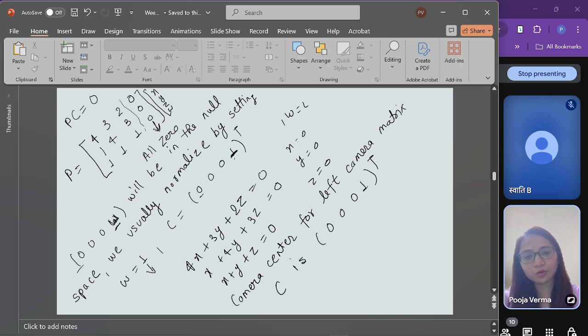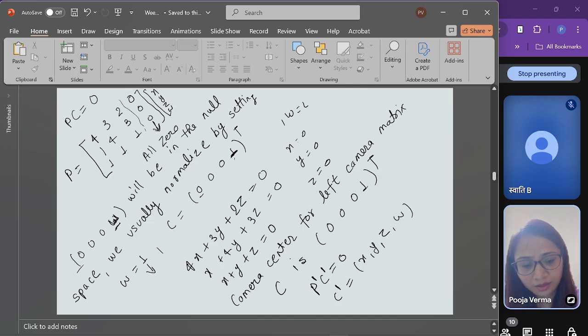So now to compute for the right camera, we already know that P dash C dash must be equal to 0. So P dash is given. Now to find out the C dash, let's assume that it is also in X, Y, Z and W form, right? So can you just write and multiply it? So I am just removing this part so that I can solve it here.